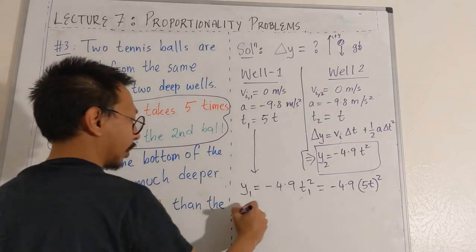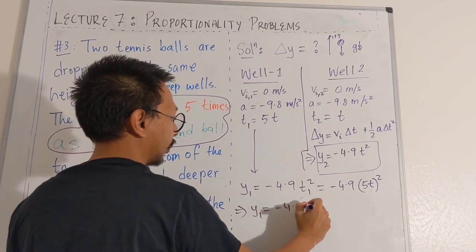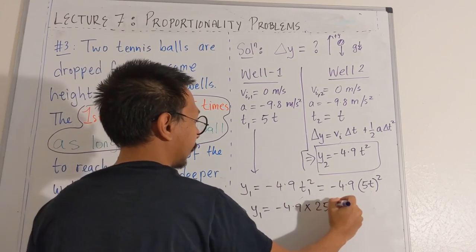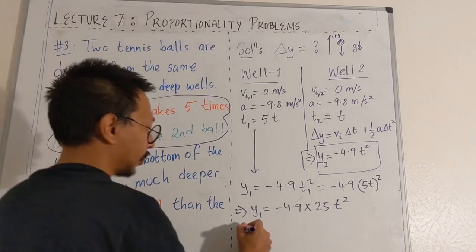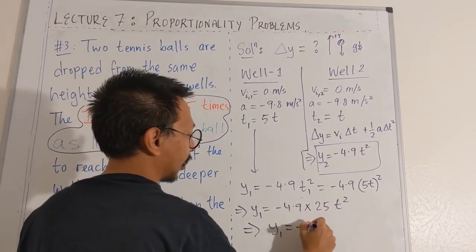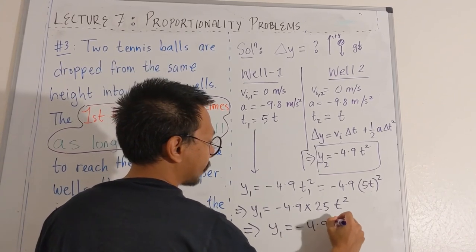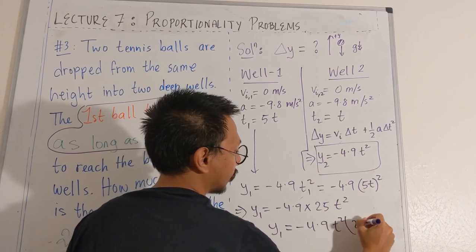So we have y1 is equal to minus 4.9 times 25 t squared, so y1 is minus 4.9 t squared times 25.